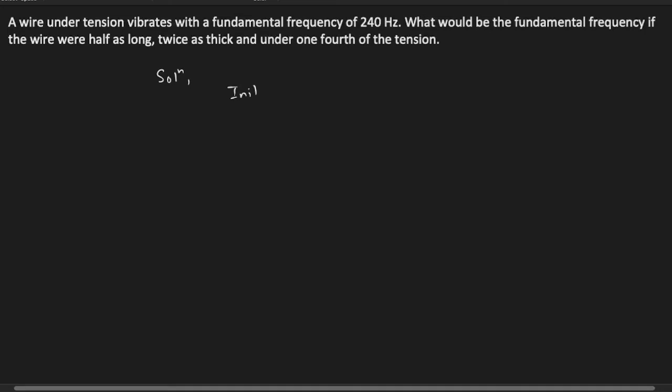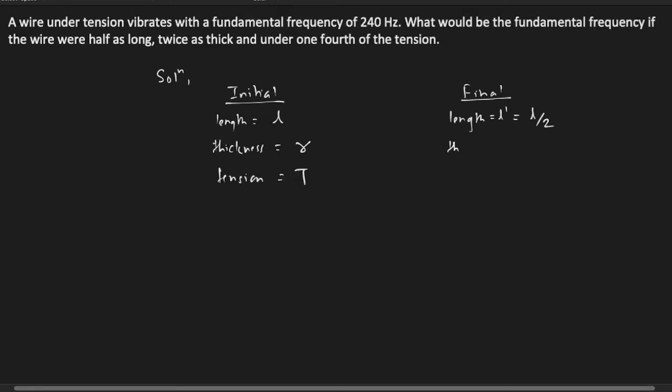First, the initial condition. If we consider the length of the wire as L, thickness of the wire as R, and tension of the wire as T. Then the final condition: the length is L dash, equal to half of the initial length.